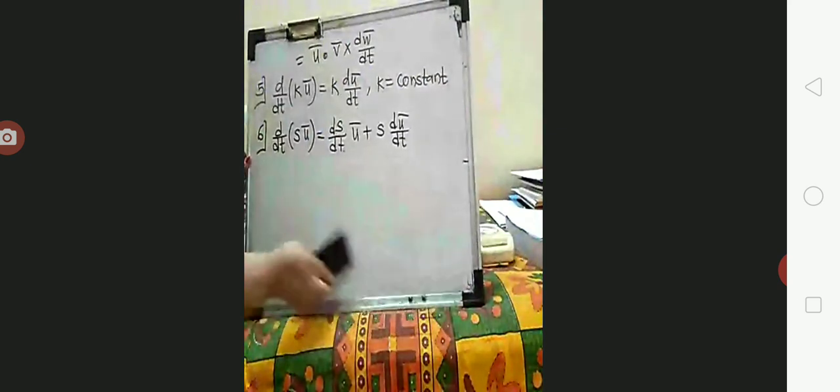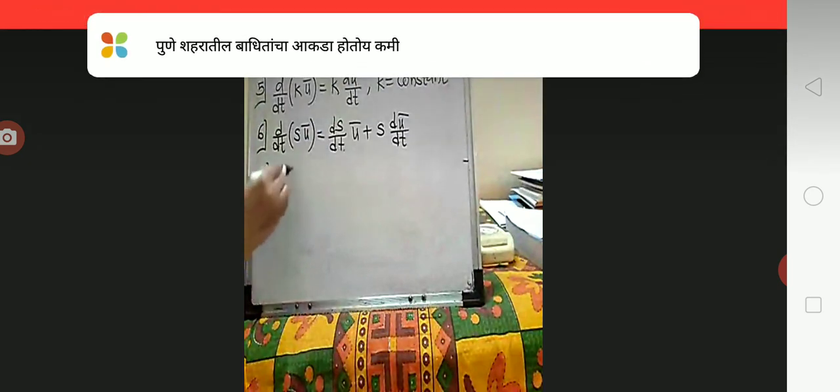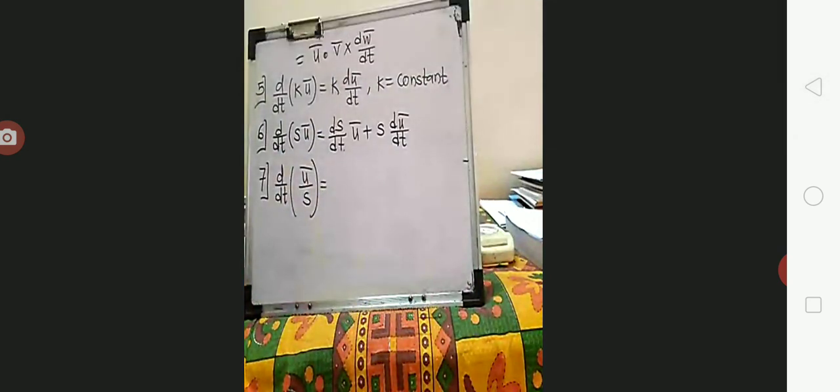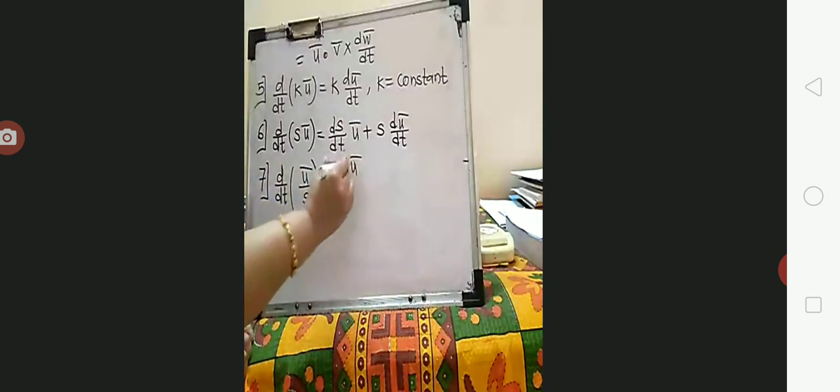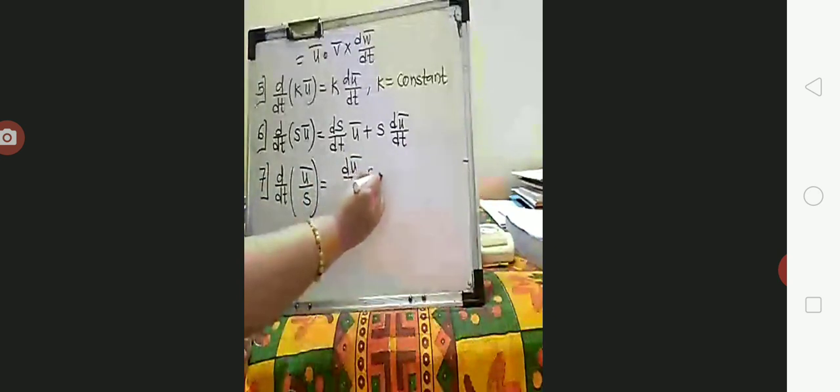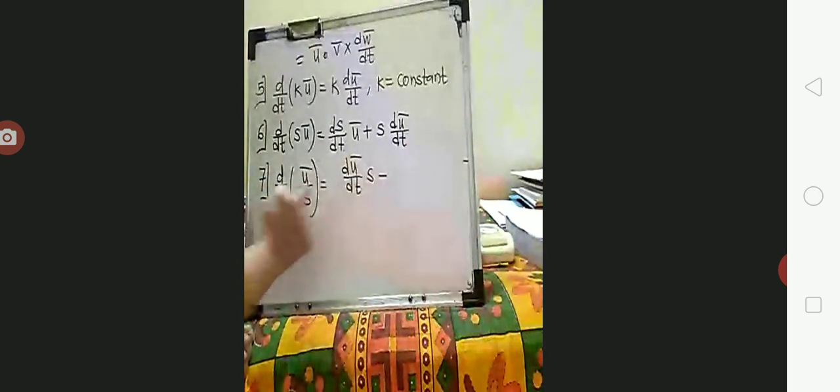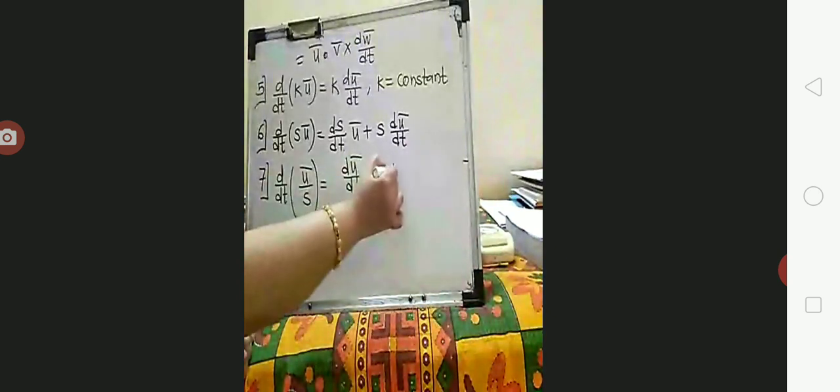That is our seventh result. So we just write it down: d/dt of u bar upon s. Here you use the quotient rule. So that is du bar by dt times s, minus derivative of denominator into numerator as it is, divided by s square.